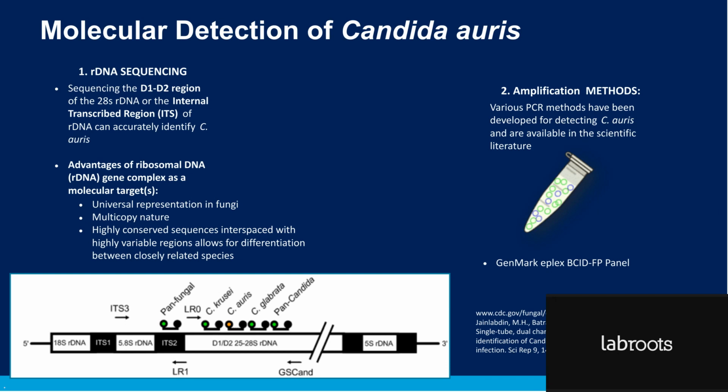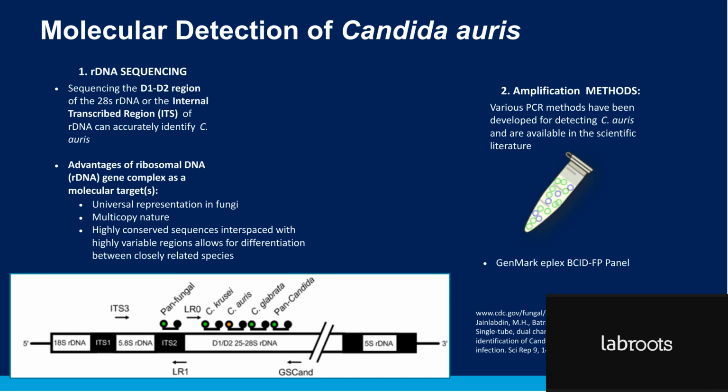Of course, DNA sequencing is not available in all labs. Amplification methods, on the other hand, are a little bit more available. They target the same regions, and they can also lead to the same precise identification of Candida auris.